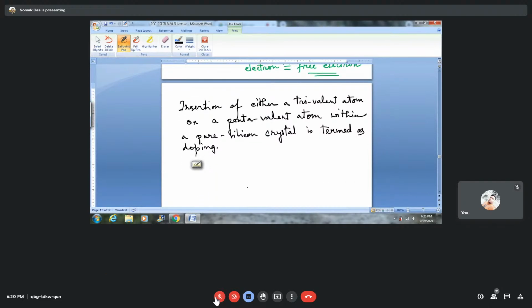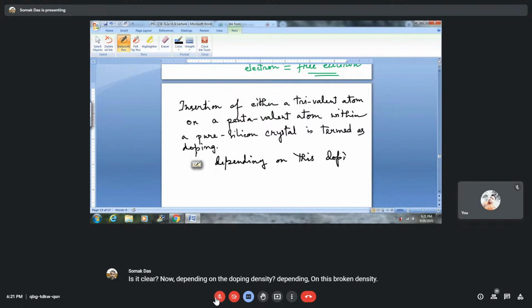Is it clear? Now, depending on the doping density, there can be two types of doped semiconductor, lightly doped or heavily doped.